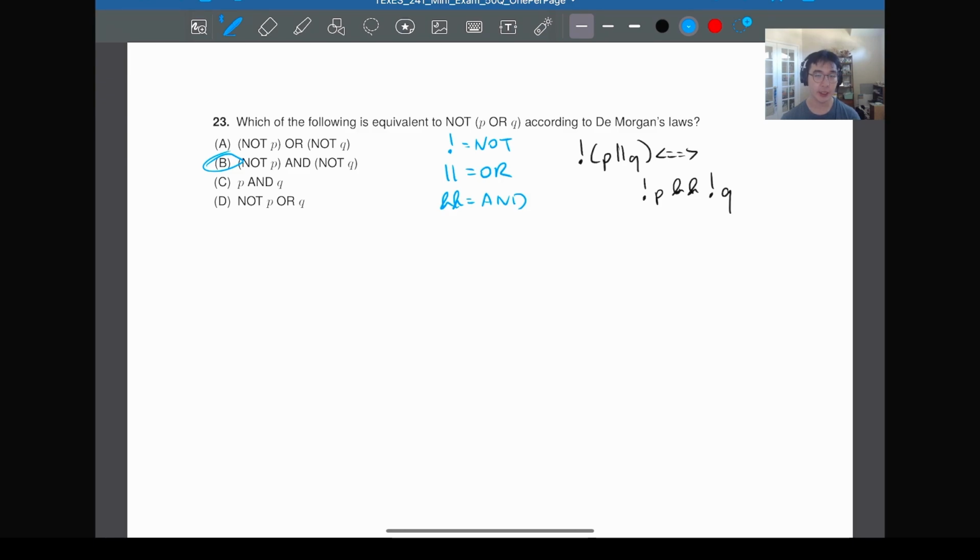But suppose you didn't know DeMorgan's law, what could you do? Well, you can do your truth table. So if I go ahead and draw my truth table for this, let's do P, let's do Q, and let's go ahead and do P or Q, and let's not that.